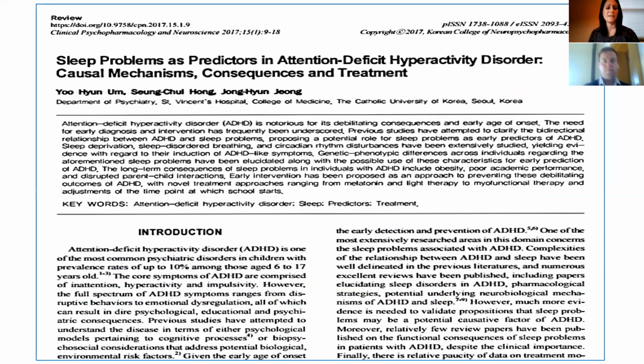It also stated the consequences of sleep problems in ADHD patients, which included obesity, poor academic performance, and disrupted parent and/or child interaction. But most importantly, it delineated the future treatment considerations for sleep problems in ADHD, which included melatonin therapy, light therapy, neurofeedback, adjustment of school start times, and myofunctional therapy, as myofunctional therapy is a convenient and yet efficient intervention to treating obstructive sleep apnea.